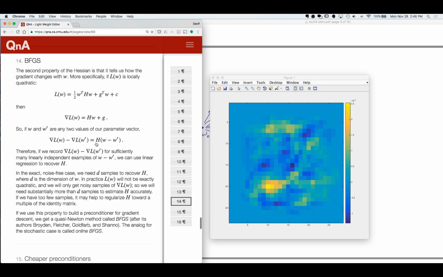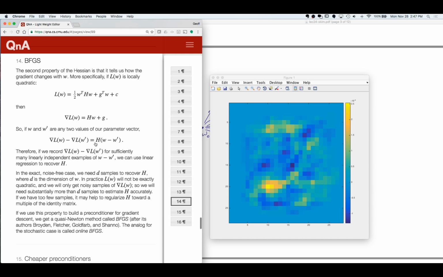In practice, the loss function is not going to be exactly quadratic, and we'll only get noisy samples of the gradient, and so we'll need substantially more than d samples to estimate the Hessian. And so we can use this property to build a preconditioner for gradient descent or for stochastic gradient. We just record a whole bunch of gradient differences, a whole bunch of W differences, and solve for H to get our preconditioner.